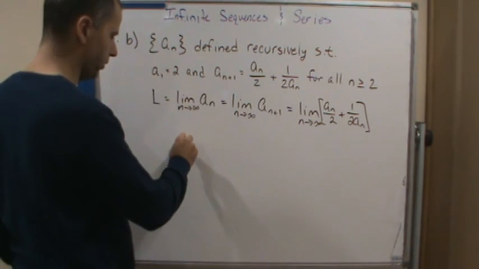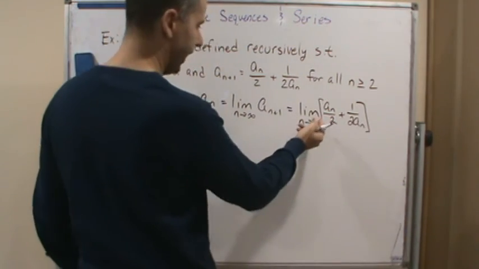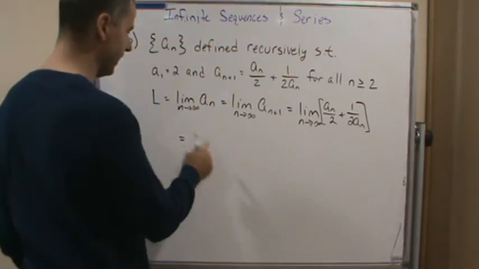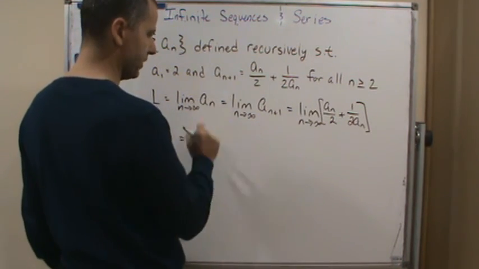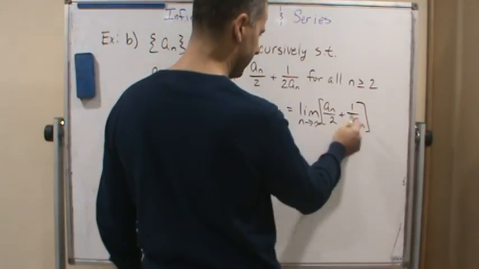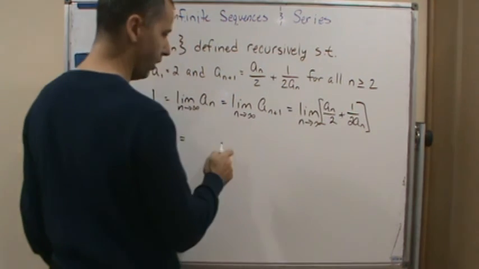Okay, so now, what does this equal? Well, the limit of a sub n is L, and we're using the fact that this limit is equal to this limit, which is equal to this. I'm going to use the limit laws.